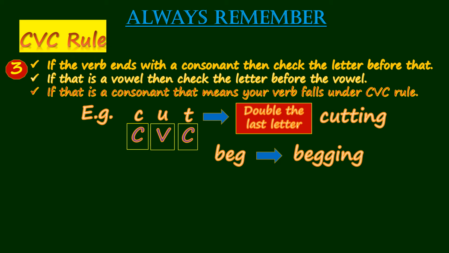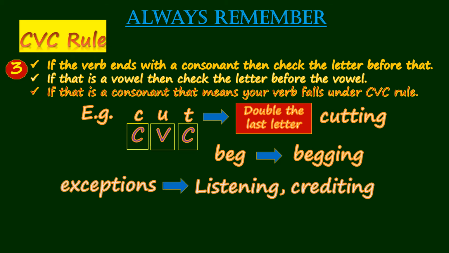But, you know, every rule in English has some exception or the other, some naughty thing happening here and there. So this rule also has certain words which do not want to follow the rule. And these words are listening, crediting, debiting. Even though these words fall under the category of CVC rule, they do not follow the rule.